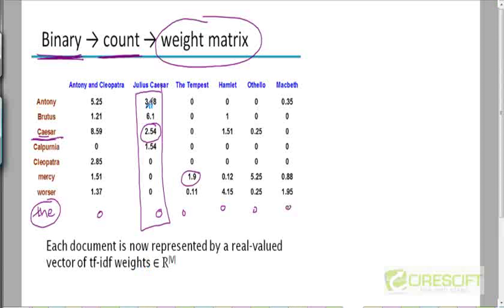Each component of this vector is going to be a real number. So it's R to the power v. This is just a set theoretic notation indicating that every document is a vector of length v, where v is the size of the vocabulary, and each component of the vector is drawn from the set of real numbers, positive real numbers in this case.